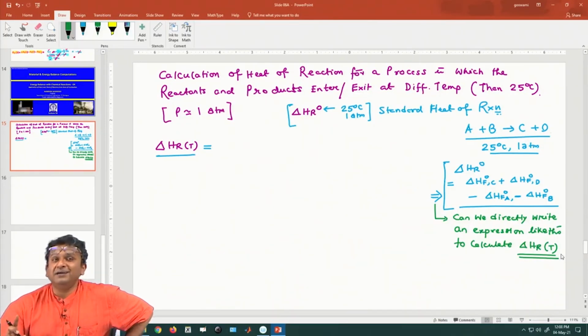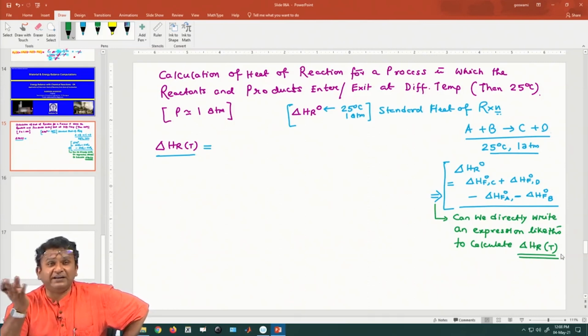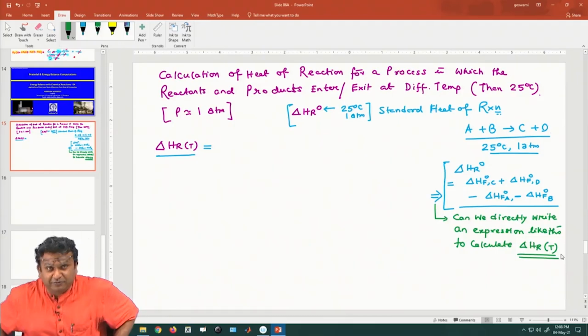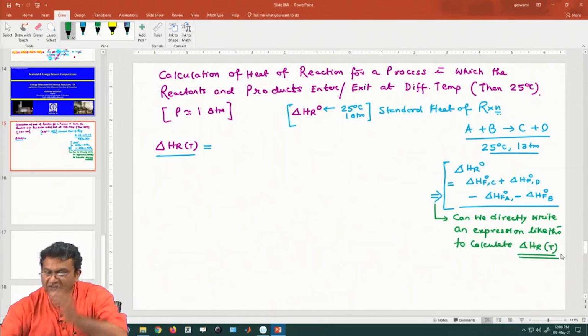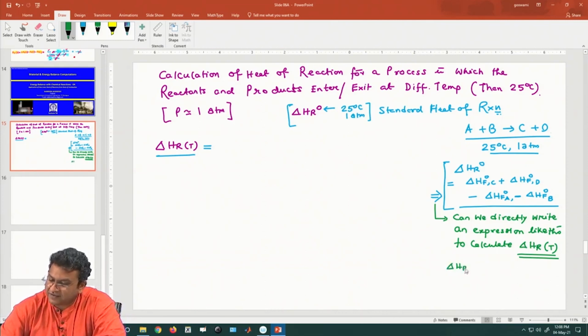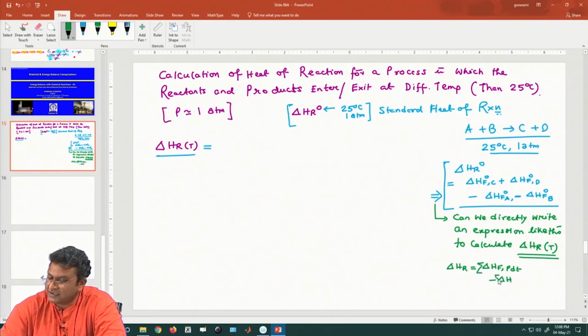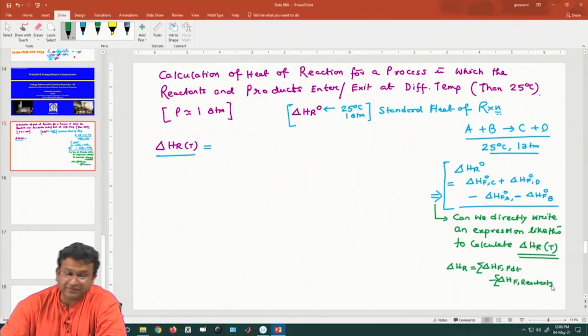But unfortunately, you typically will not find a table which gives heat of formation at different temperatures. Heat of formation is available only under the standard condition, because that is why it is called the standard heat of formation. So, are you clear? Even if you write an expression like this, the summation of the heat of formation of the products minus the summation of the heat of formation of the reactants, the problem is a very practical problem.